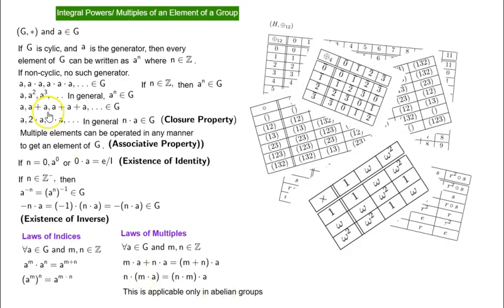Remember, a and a square are commutative, but when we want to add them up, then we require commutativity. So this is applicable only in abelian groups. So that was integral powers and multiples of an element of a group in multiplicative and additive groups.